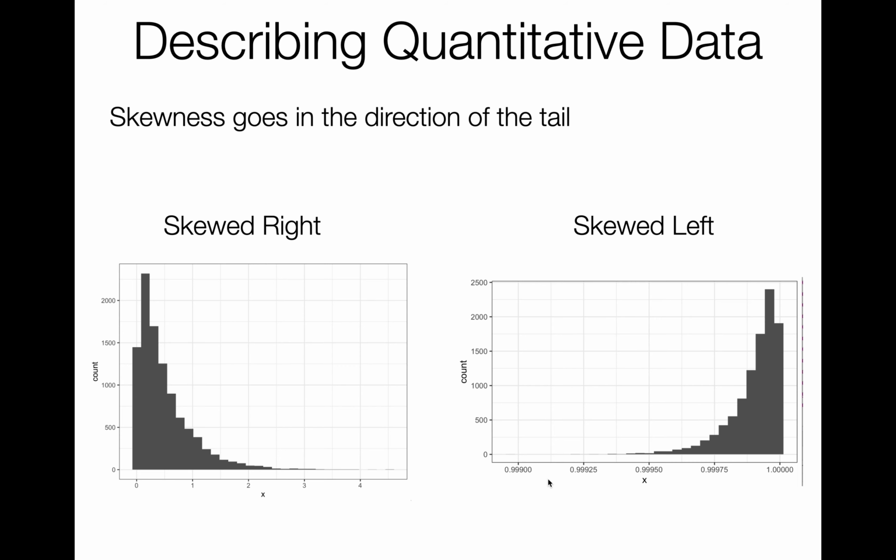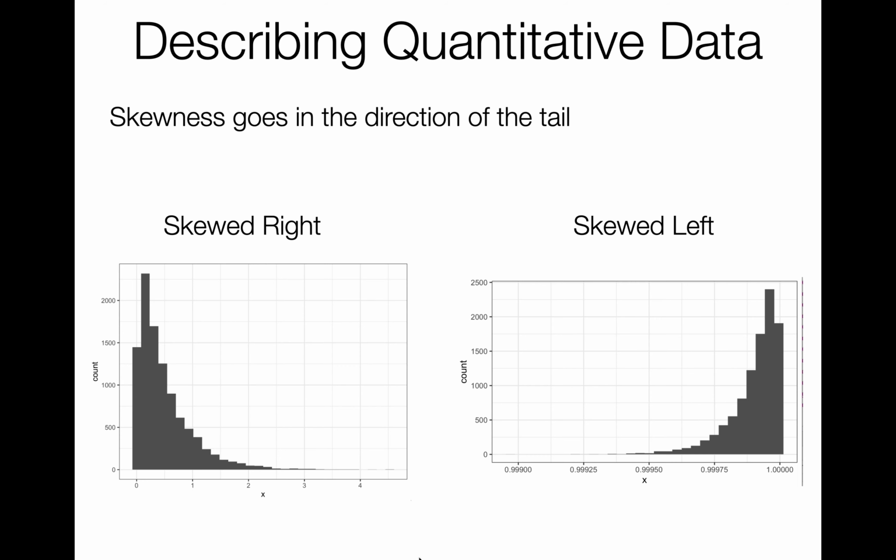As defined in the last slide, the tail of the distribution, this part right there where it slowly dies off, is the direction of the skew. The graph on the left is skewed right, and the graph on the right is skewed left. Maybe I should have changed those around so the left went with the place where the picture was.